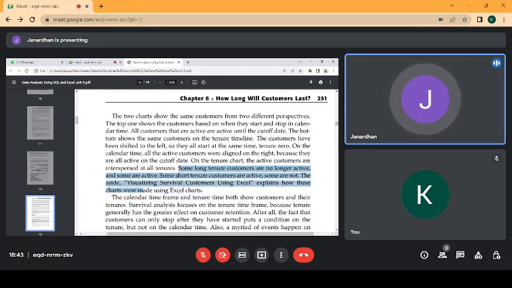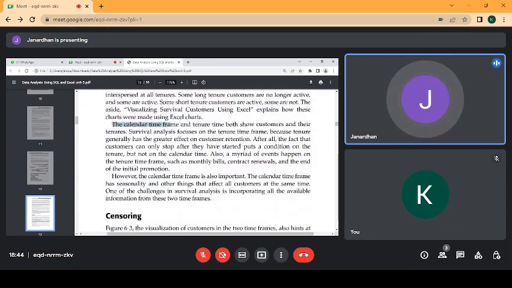The aside visualizing survival customers using Excel explains how these charts were made using Excel charts. Right. The calendar time frame and the tenure time both show customers and their tenures. Survival analysis focuses on the tenure time frame because tenure generally has the greater effect on customer retention.